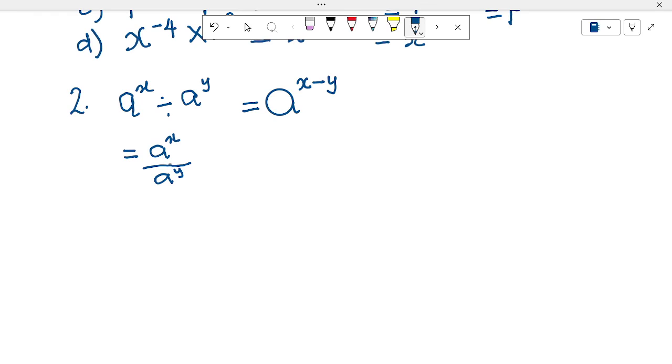You get the same thing, which is a raised to power x minus y. That's the second law: if you have a raised to power x divided by a raised to power y, then the answer will be a raised to power x minus y.